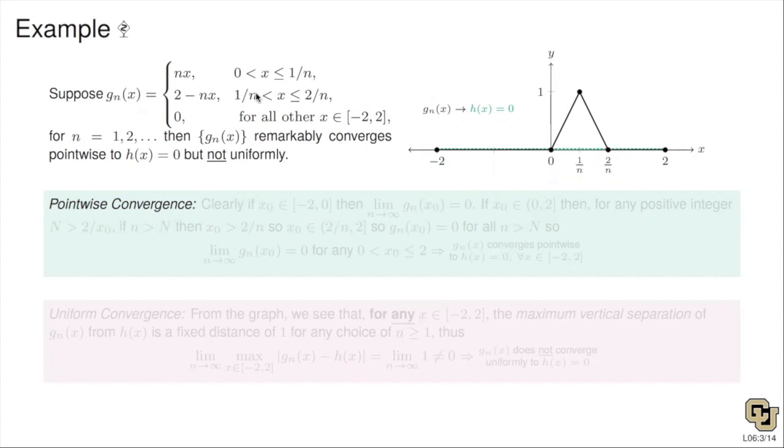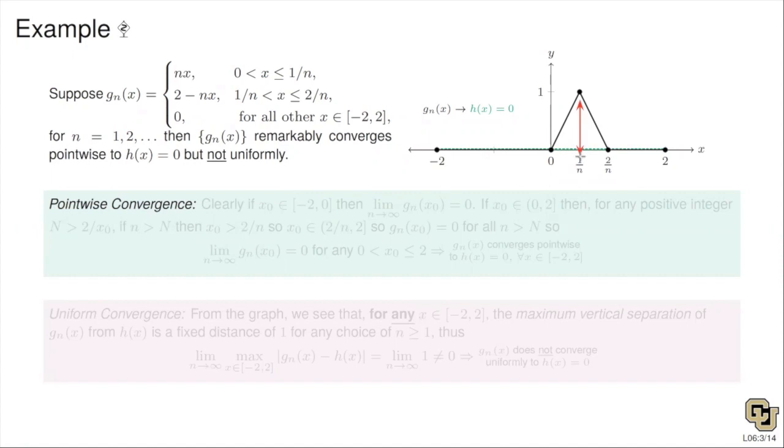The way this is set up, no matter what n value you pick, there will always be one point that's exactly 1 unit away from the target function. Even if n is 10 billion, every point but one will be super close to the target function, but there'll be one point that's exactly 1 unit away.